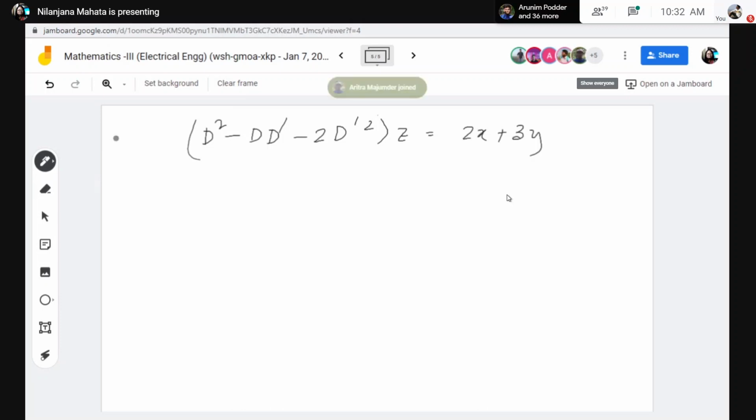So first find out the CF, then this will be d, d, d dash.